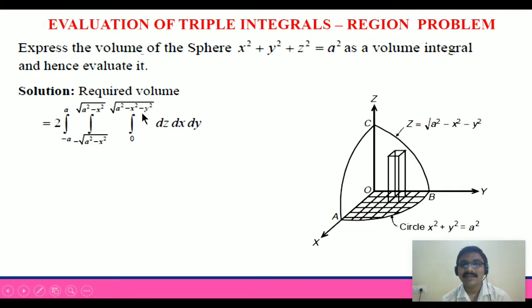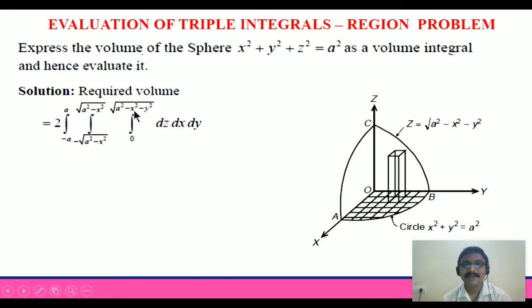Since we have a definite integral formula, that is integral minus a to a f of x dx is equal to 2 into integral 0 to a f of x dx whenever f of x is an even function. Using the formula we can write 2 into 0 to root of a square minus x square minus y square.